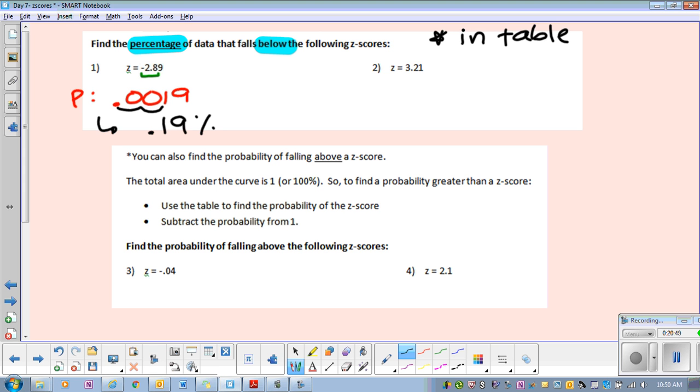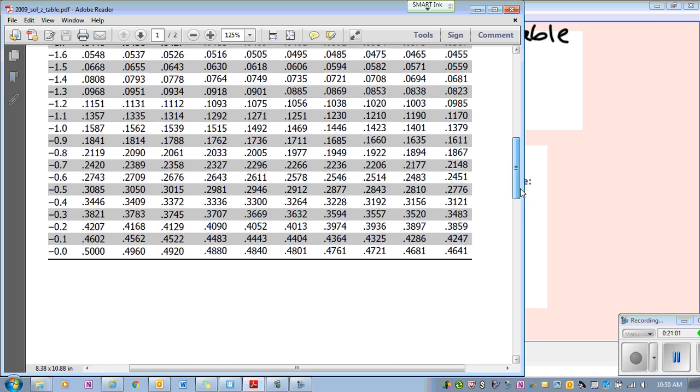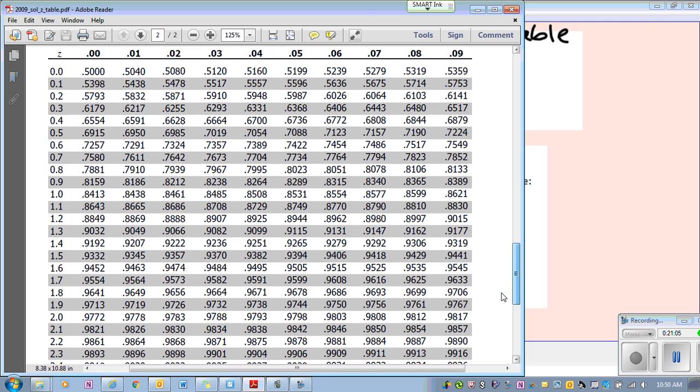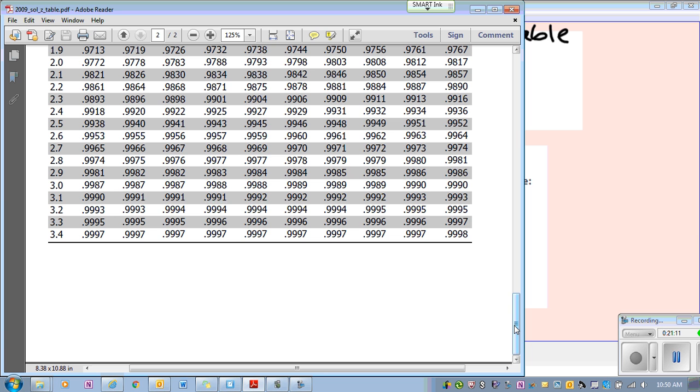So let's try number 2. Go to 3.21. Okay, so you're going to go to 3.2. Oh, now it's a positive, so go to the back. Go to your positive side. 3.21. Let's see, 3.2. Gotta scroll down more. 0, 1, 2. 0.9994.